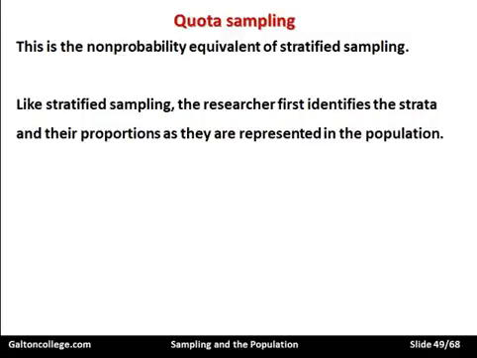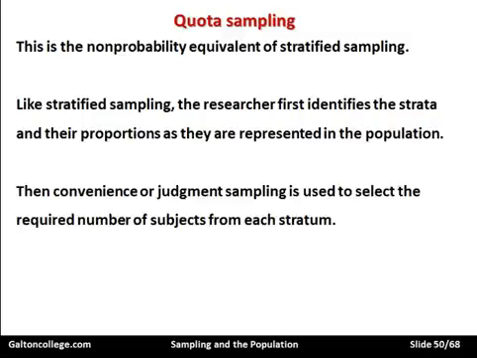So if it's an attitude survey about people's attitudes towards government policy, let's say, then they must identify the different strata by gender, by age, by location, by occupation, by education. They must look at the different strata of the population and then try to work out how many from each should be included.